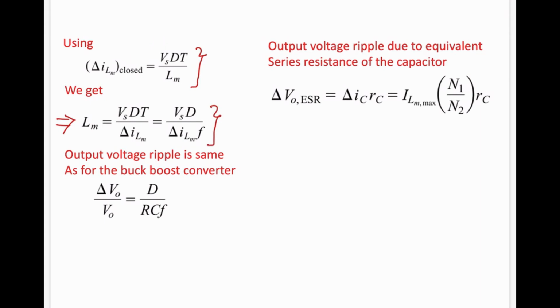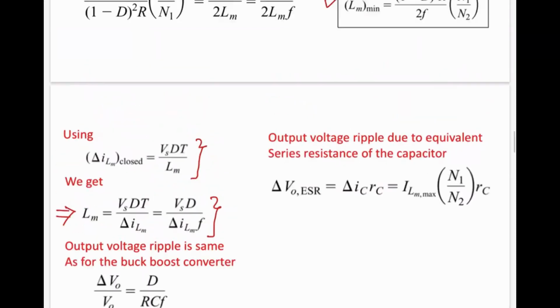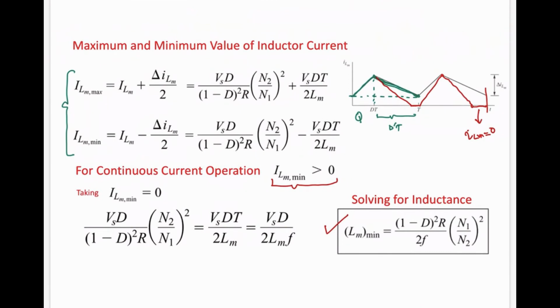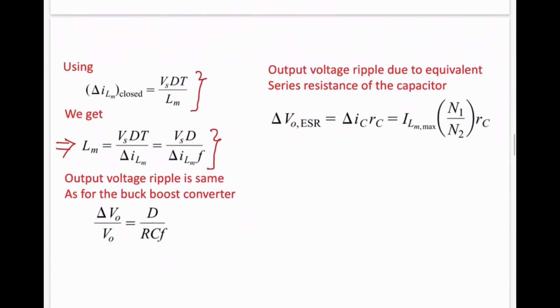So this is the expression for the inductance. We can calculate the inductance with the help of this, and we can find the minimum inductance with the help of the other expression. For continuous conduction mode, our inductance should be more than this one. And what should be its exact value? That can be determined from here: what current ripple you want to have in your circuit.